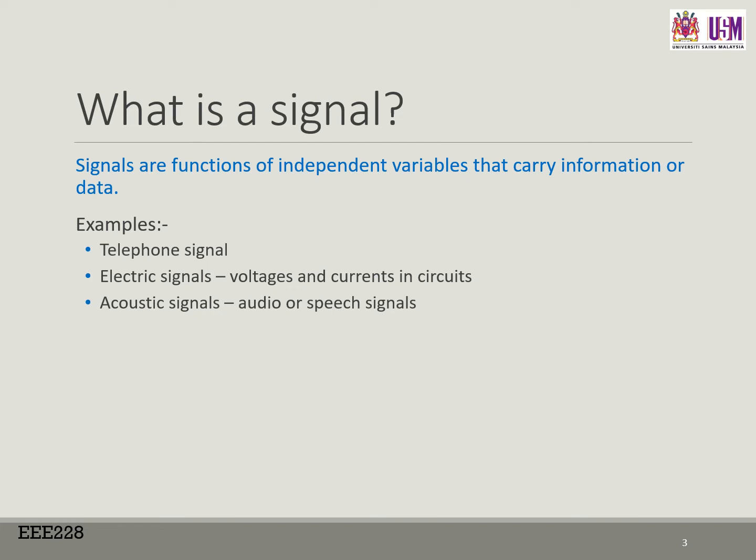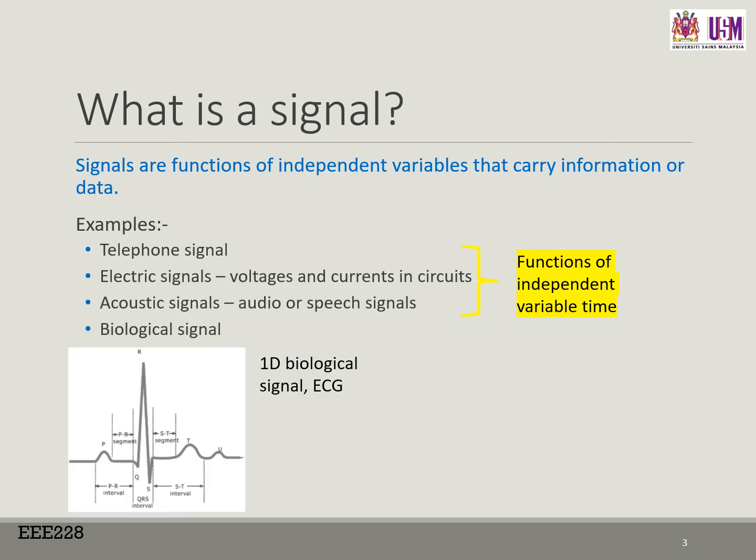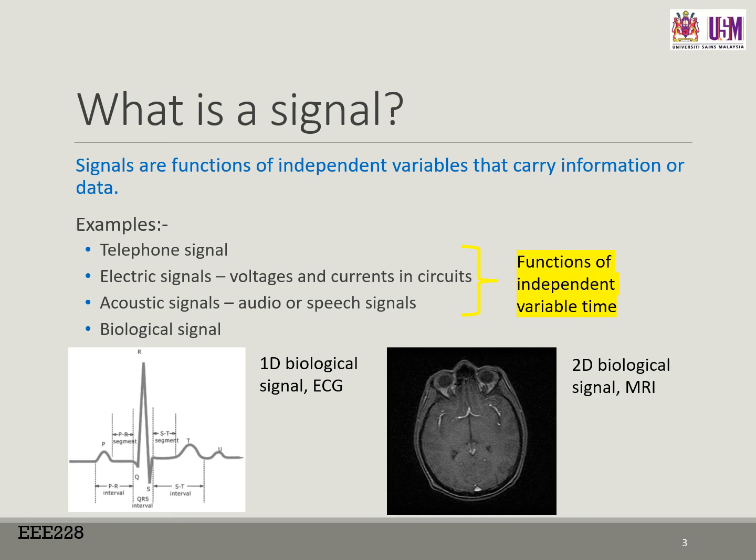Acoustic signals like audio or speech signals. And these signals are all functions of the independent variable time. Another example would be biological signals. A biological signal is a good example of where it can be either a one-dimensional or two-dimensional signal.